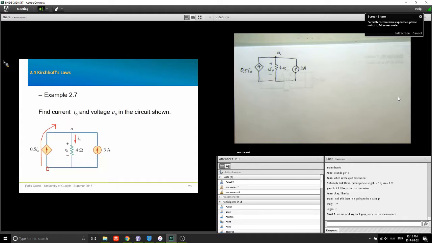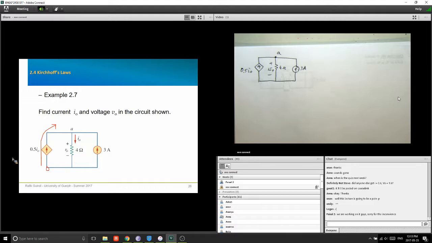It's a current source. How much voltage do I have across the current source? Do I have a rise or a drop? I don't know, and that's the whole point. By definition, a current source tells me how much current is flowing through the branch, but doesn't tell me how much voltage is there. So I cannot start by writing a KVL if I have a current source in the branch.